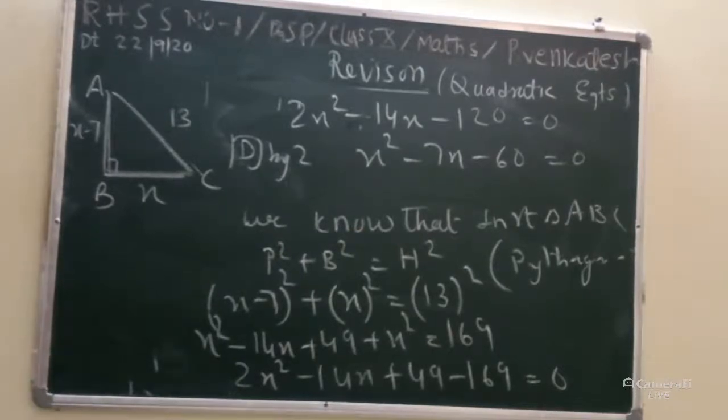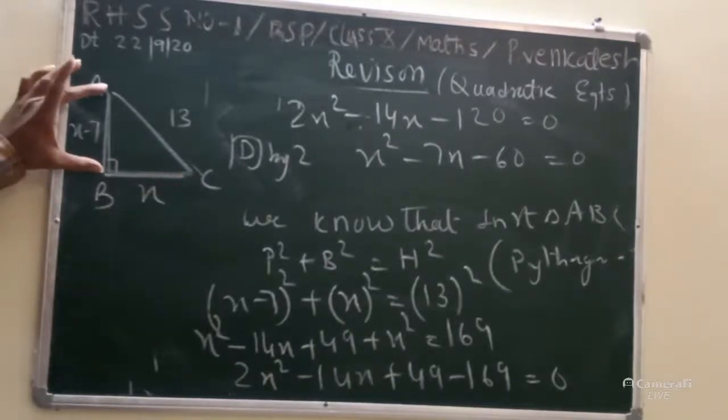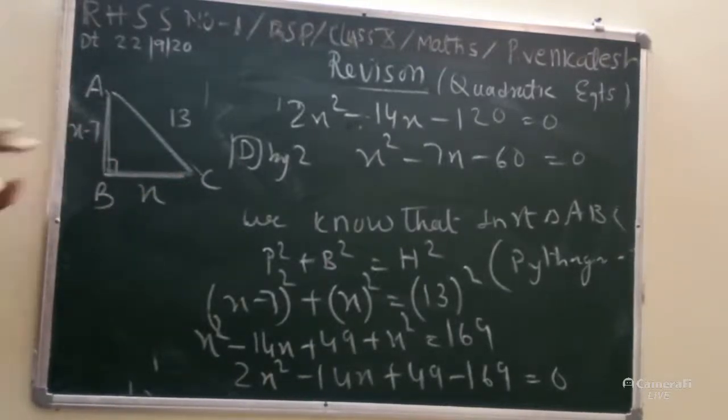Neglecting x equal to minus 5 because the length of a side cannot be negative. So x equal to 12, base equal to 12, and this altitude will be 12 minus 7, that is equal to 5. Got it?